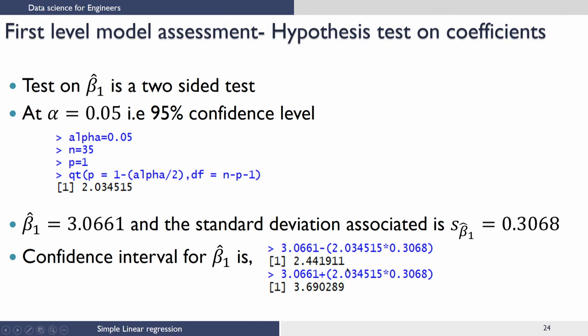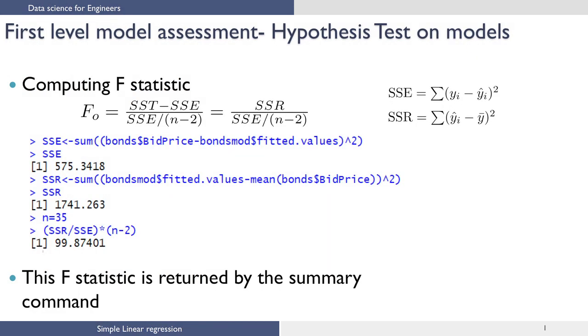By doing so we get the lower bound as 2.44 and the upper bound as 3.69. Now, we know that this interval does not encompass 0. So, this itself is indicative of the fact that my beta 1 hat, that is the slope, is significant.